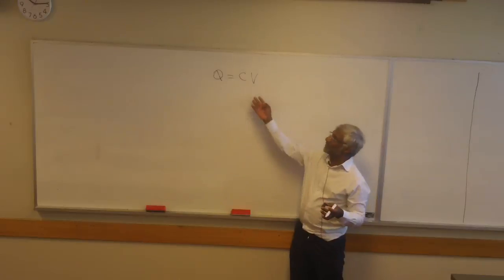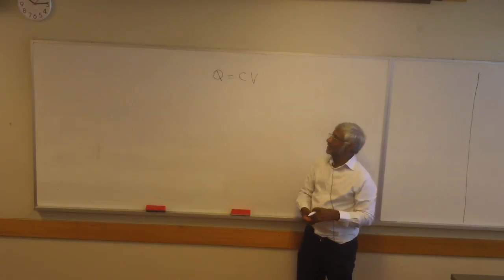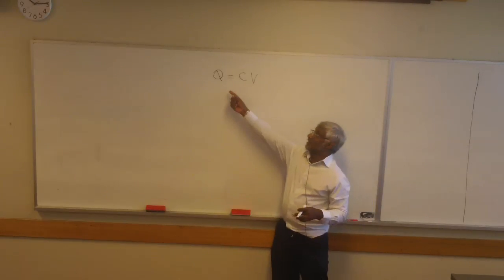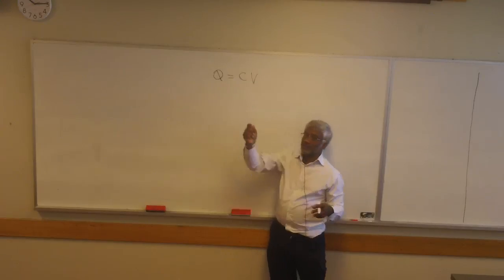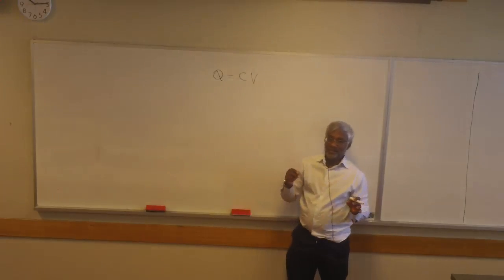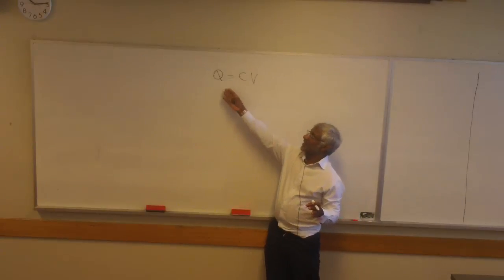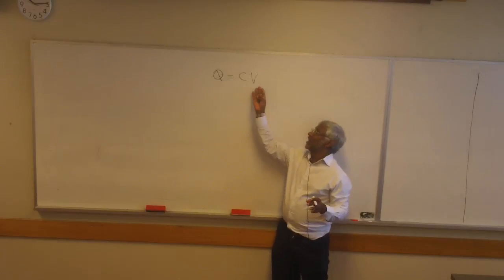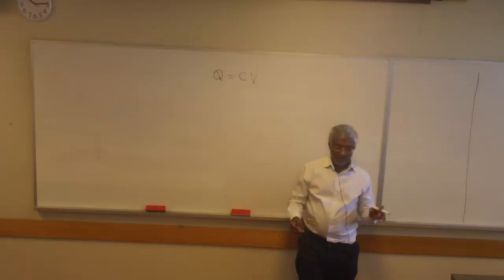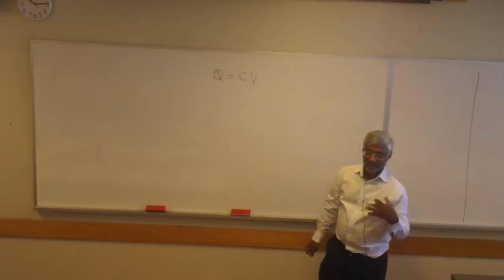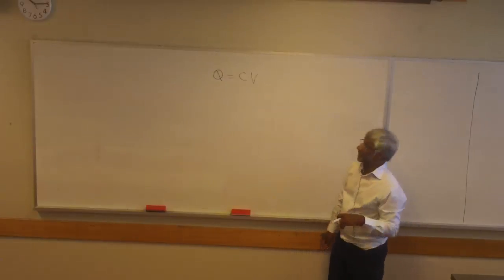Humans have defined it this way because they discovered that there is a relationship, very close to linear, between the amount of charge and the voltage across a pair of conductors separated by an insulator.